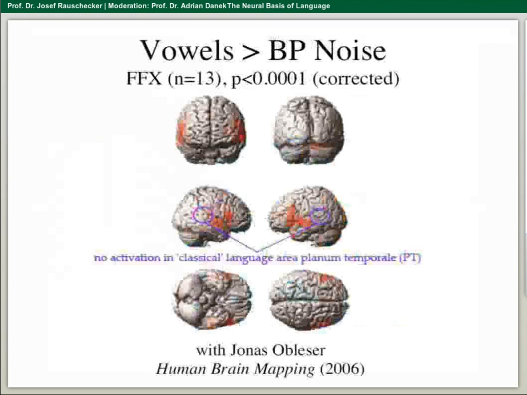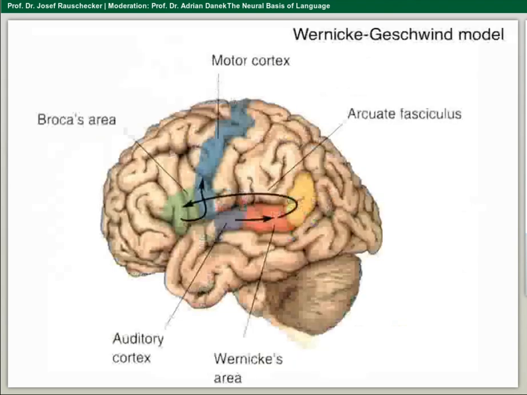They said, well, Wernicke's area is in the back, and you find your neurons in the front, you must be wrong, monkeys are not a good model for the human. And now suddenly, these imaging data come out, and they find most of the activation in the front and not in the back, where one would expect them according to the textbooks. So, long story short, this model is wrong.